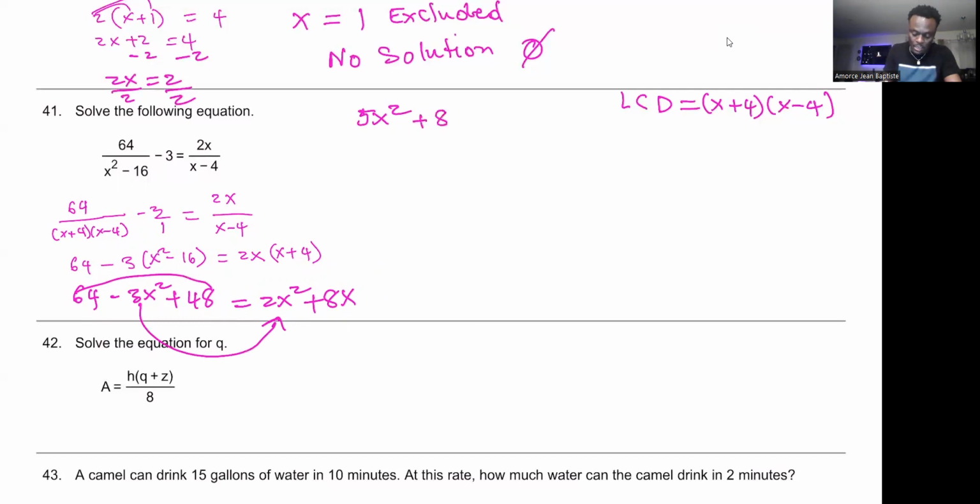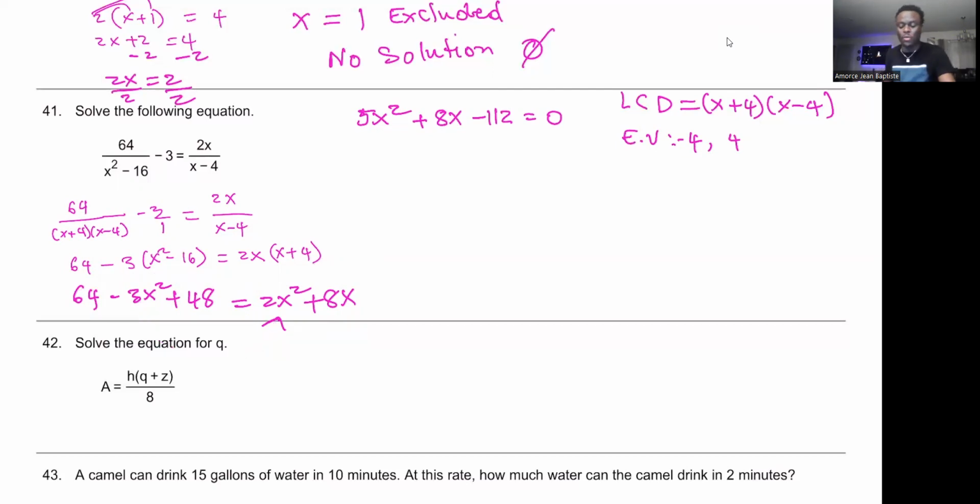So plus 8x minus 112 equals 0. We forgot to mention that excluded values are 4, negative 4, and 4 in case we got one of them or both of them as solution. We never know. So now let's go ahead and solve this quadratic equation.